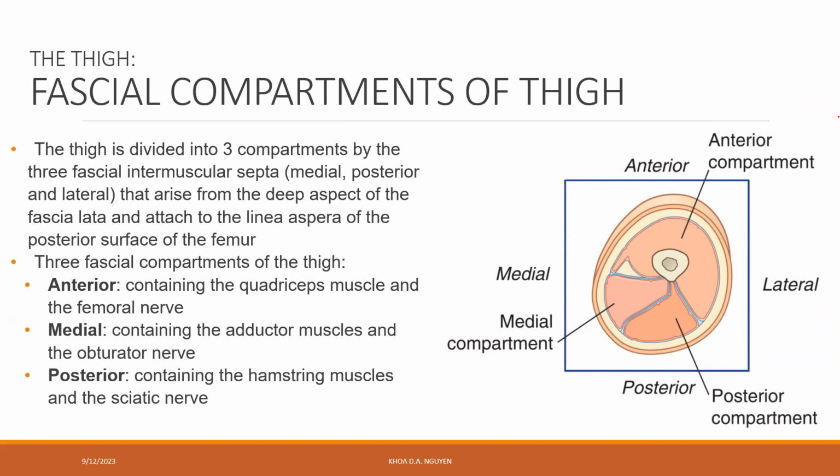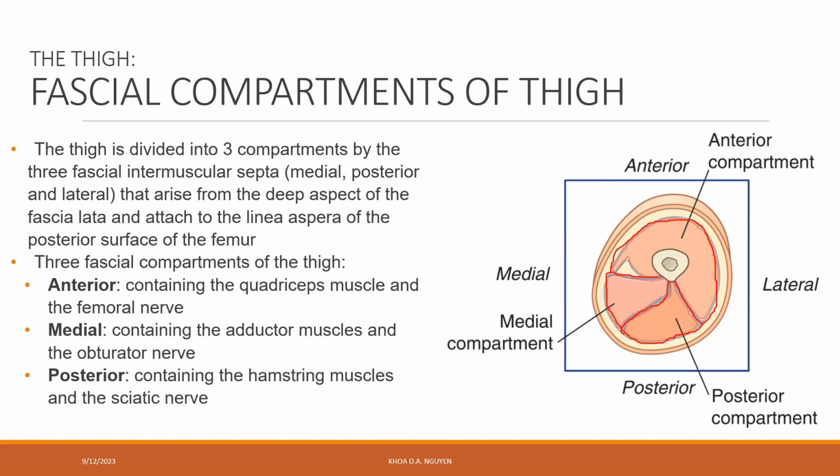Let me explain. Remember the fascia lata that we have already spoken about before, which encircles the thigh like this. The fascia lata gives off some of its fascia to attach to deeper components. Like over here, it attaches to the femur right here.